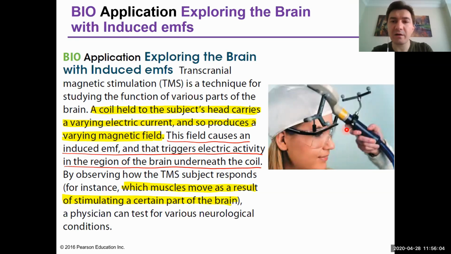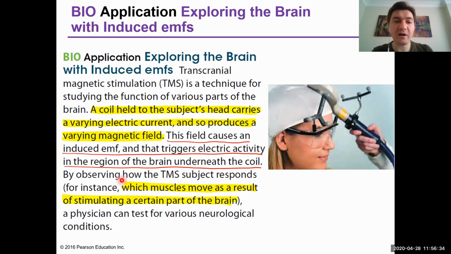Okay, what we have here: a coil held to the subject's head carries a varying electric current. This varying electric current produces a varying magnetic field, so we have varying magnetic flux. This field causes an induced EMF, and that triggers electric activity in the region of the brain underneath the coil.